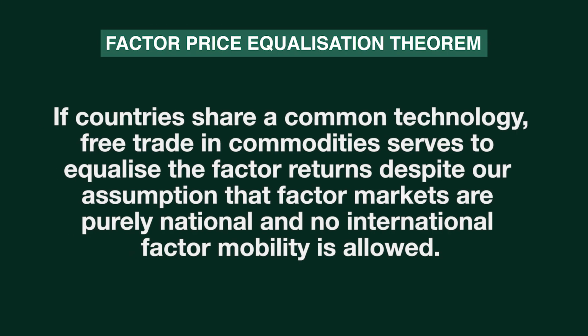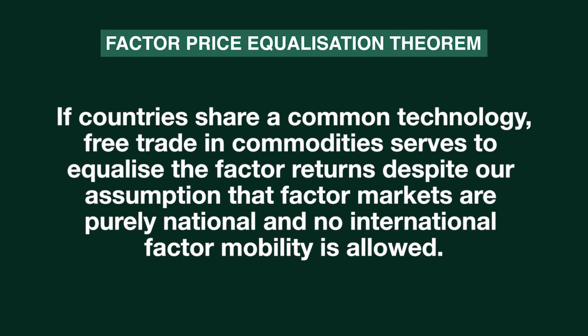And this is mostly due to the fact that the countries share common technology, free trade prevails between both the countries, and CRS production is available. This is very important in the context that even if there is no intermingling of factors between two countries, trade has the power to equalize the relative factor prices between both the countries.